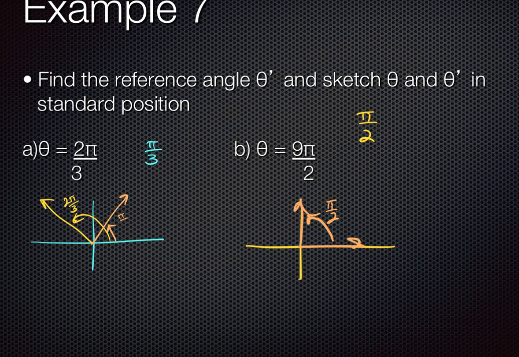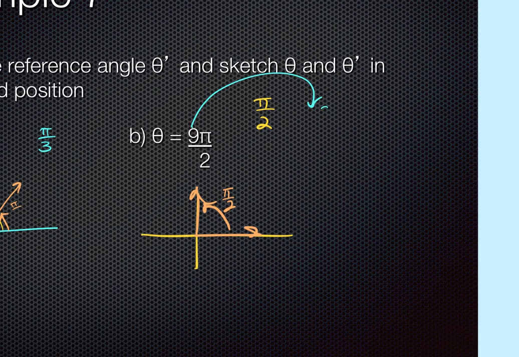Or what do I do with 9 over 2? 9 over 2 is what in a mixed number? 4 and 1/2. Where's 4? On the right. I went around 2 pi, I went around 4 pi, and now I go 1/2 more. So this angle looks the same, except you go around more times.